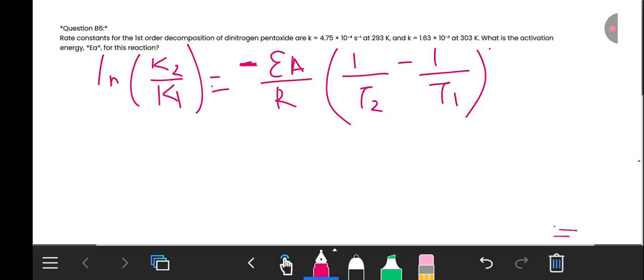Okay, so this is the one we're going to use. Our K1 would be the rate constant for the first one, and that would be our K2.